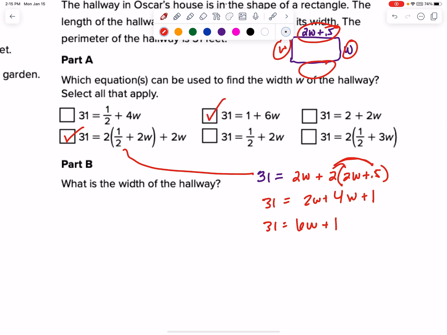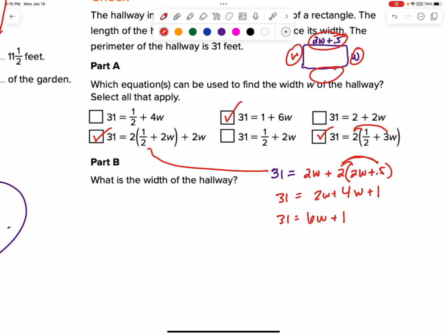Yep, we have that one there. If you look at this one, you end up with 1 plus 6W, so that one would work. I think that might be it that I can find that match this.